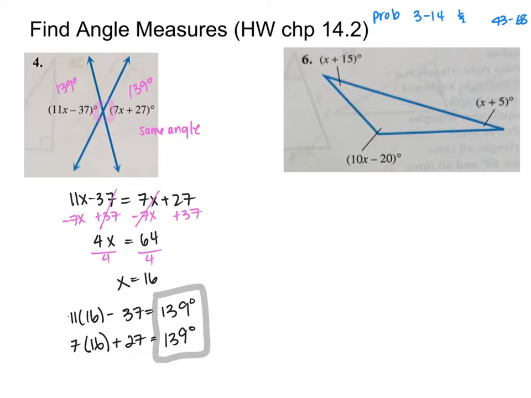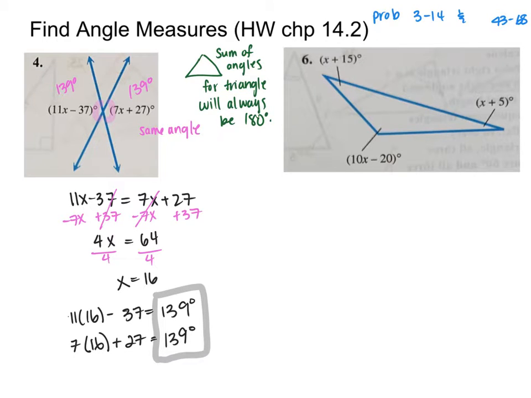All right, so the next one here, we're not dealing with lines anymore, we have a triangle. So just keep in mind, whenever we have a triangle, the sum of angles for a triangle will always be 180 degrees.